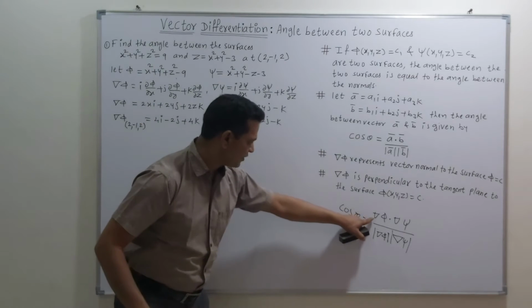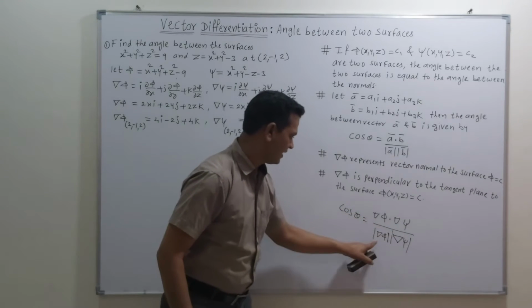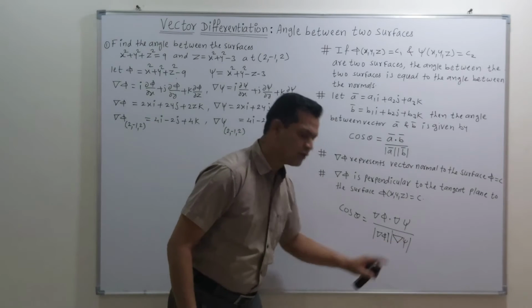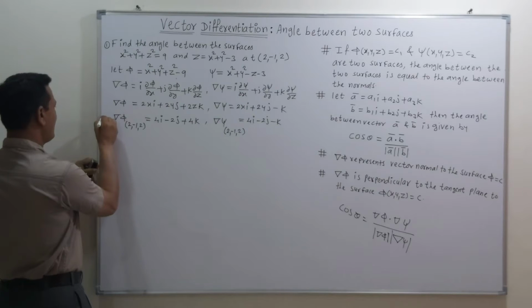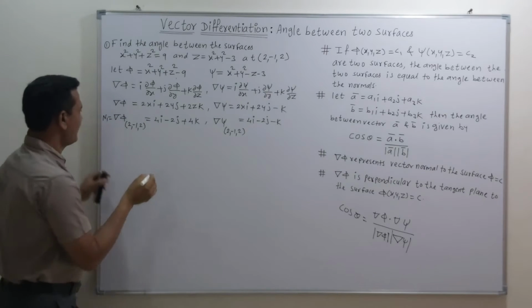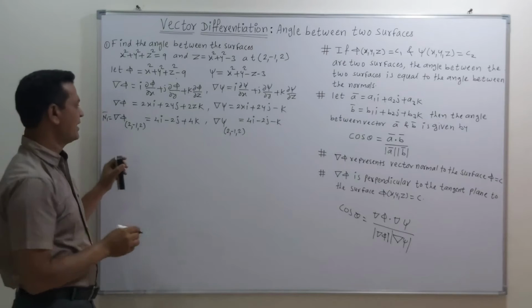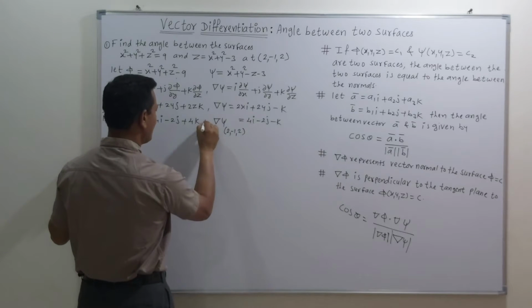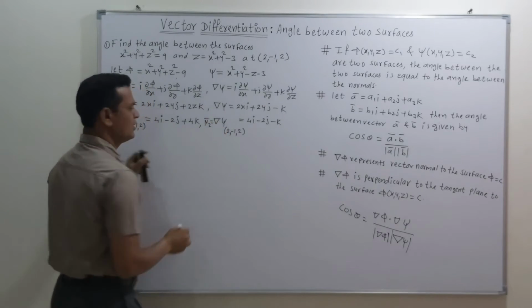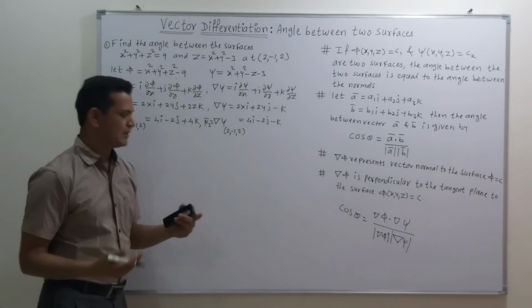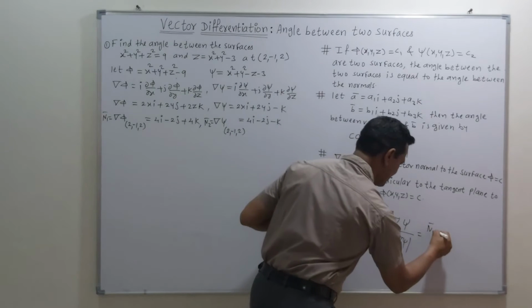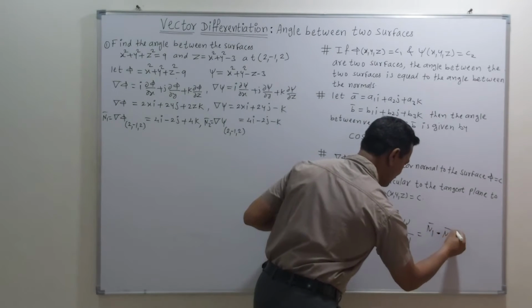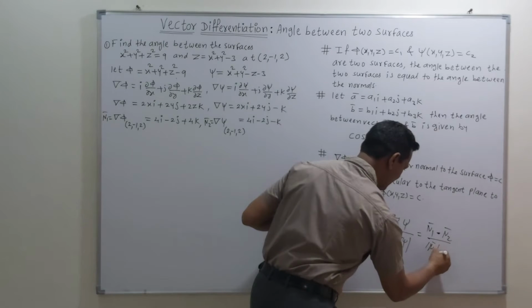So here we already found the value of del phi, and this is the value of del psi. Now find out the magnitude of del phi and the magnitude of del psi. Let's denote the normal to the surface phi by n1, and the normal to the surface psi by n2, for simplicity. So instead of writing this term, we may write n1 dot product with n2 upon magnitude of n1 bar and magnitude of n2 bar.